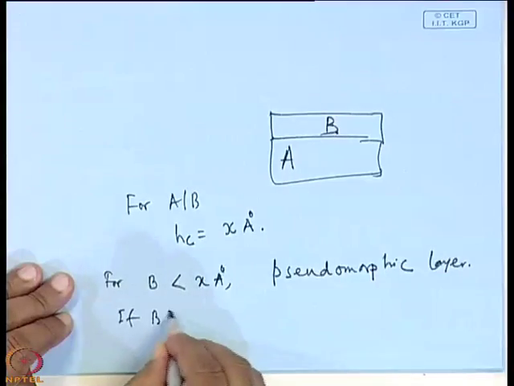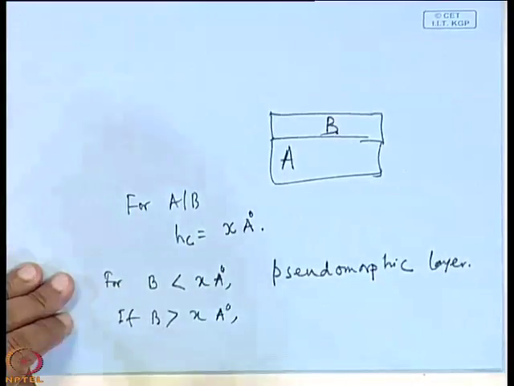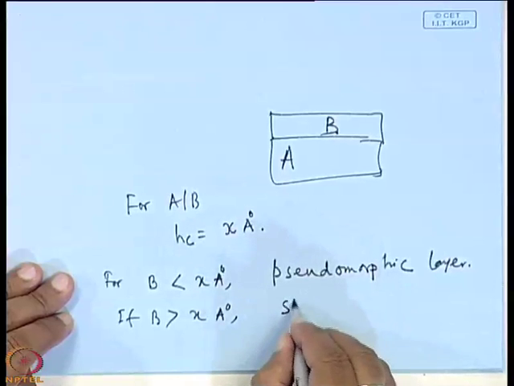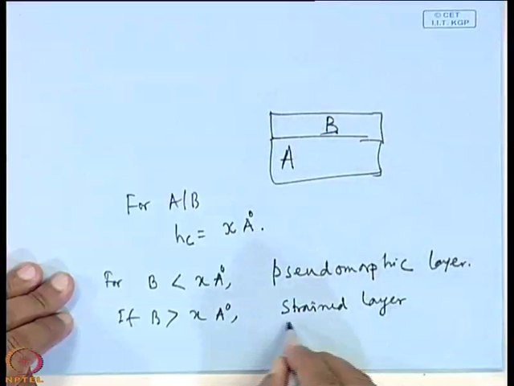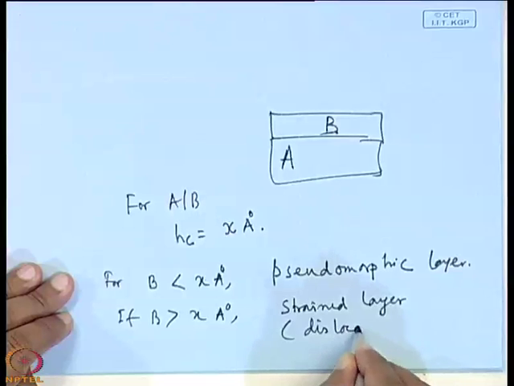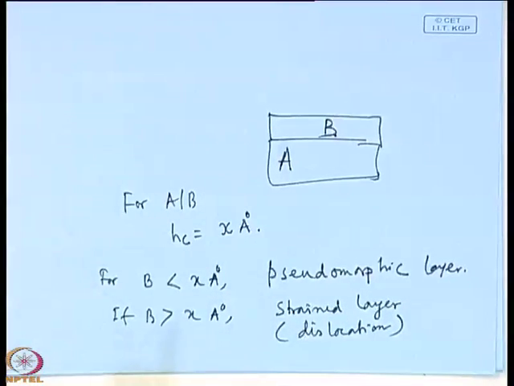Good devices you can build over that. If B is greater than x angstrom, a strained layer will be there. That means dislocation will be there. Okay, so for any A B system, where A is one material and B is another material, you have to consider what the critical layer thickness is if the lattice matching is not there.